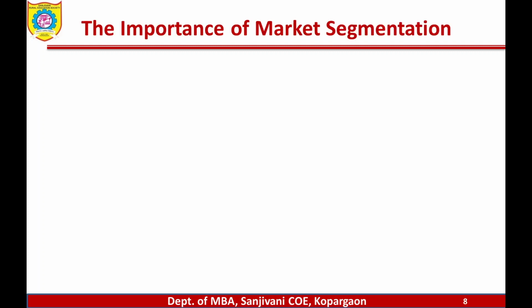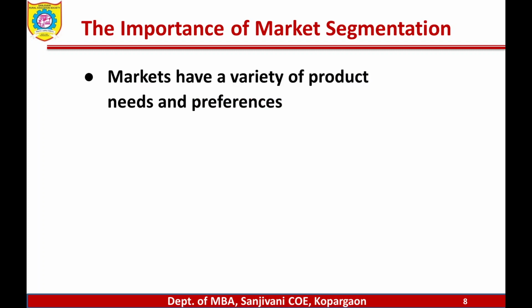Now, the importance of market segmentation: a market has a variety of products, needs and preferences. So why should we go for market segmentation? Because the market has a variety of products, needs and preferences.